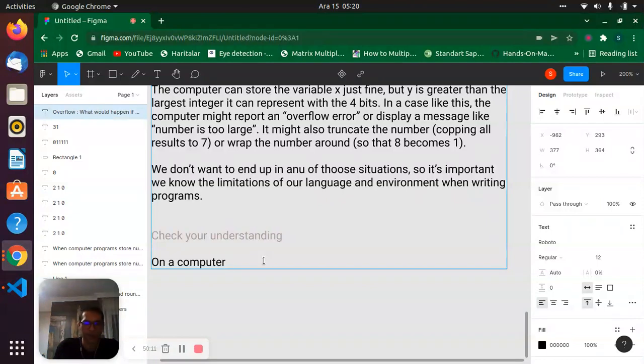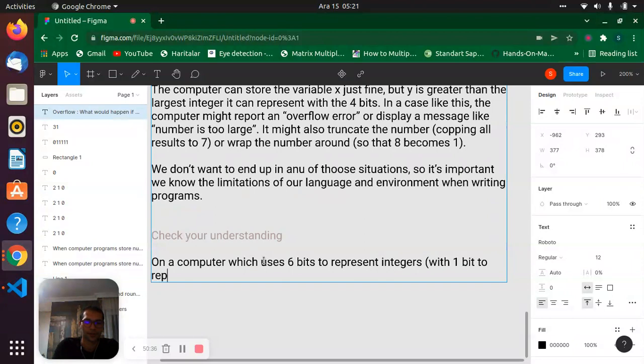which uses 6 bits to represent integers, with 1 bit to represent the sign.